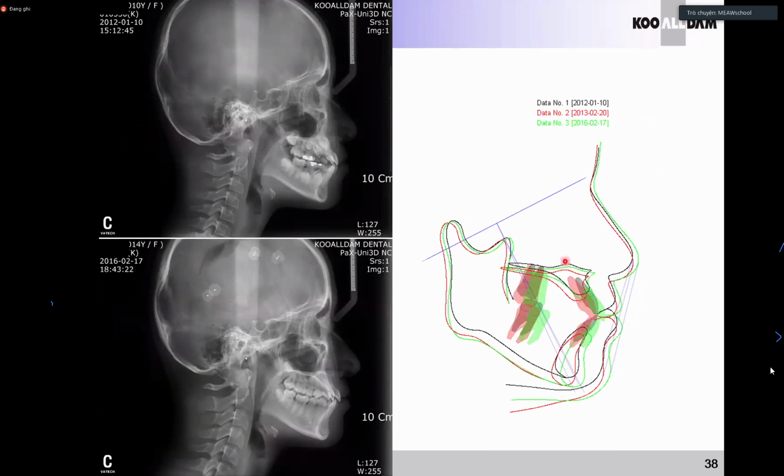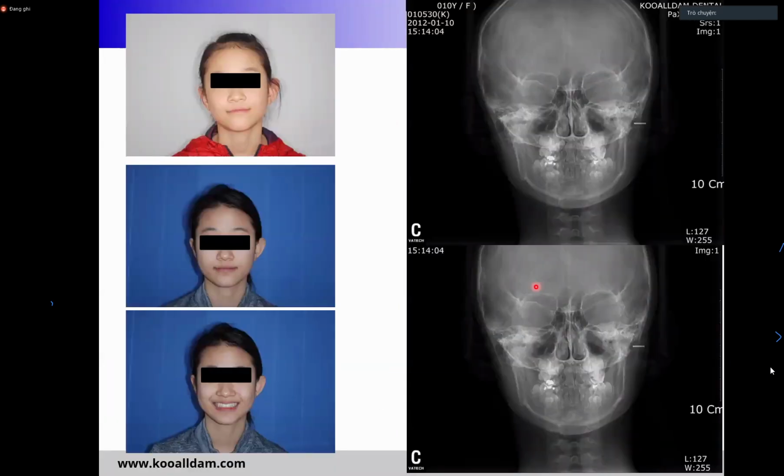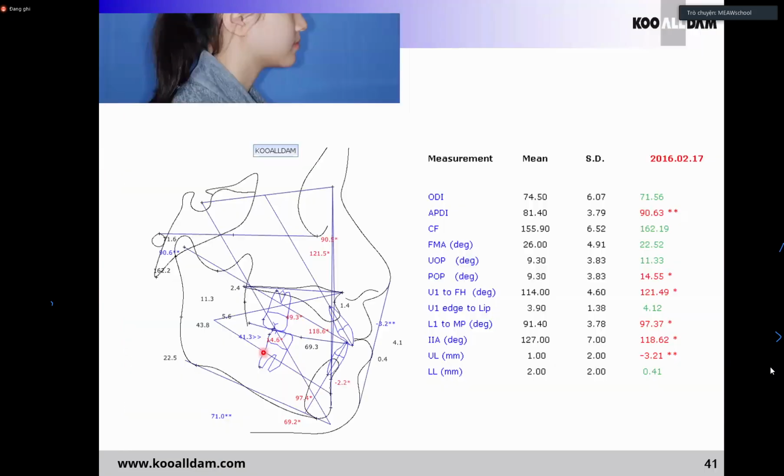This is the superimposition of this patient. This photo is pre-treatment frontal view and after inserting the TPA. And then we check everything.